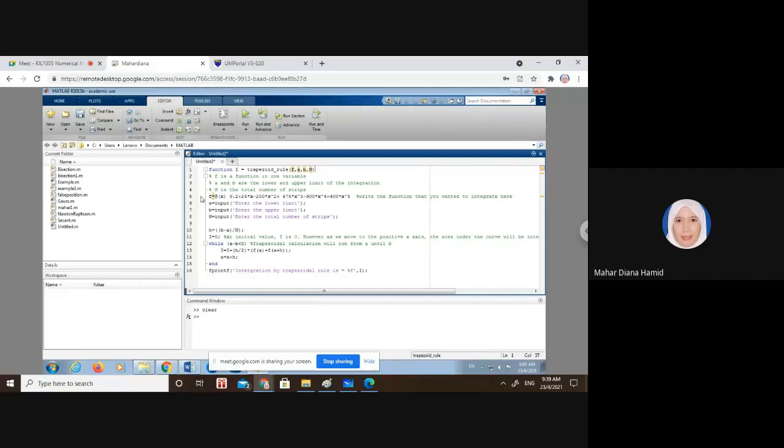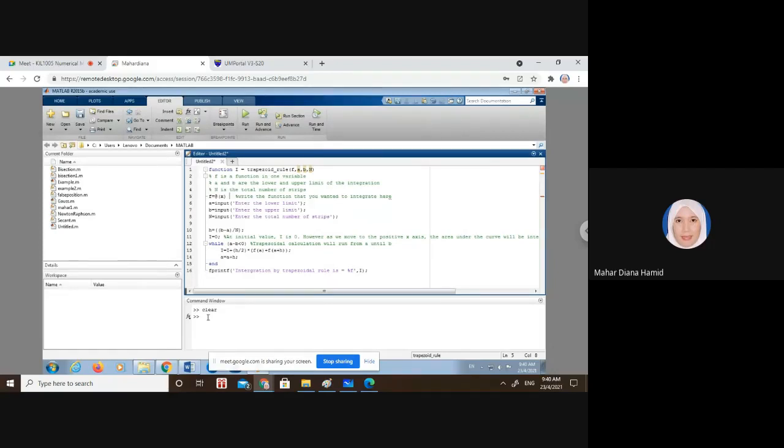Now line number 5 here is actually the equation. You may put the equation outside. However, when you want to call the file back, you have to type the equation in the command window.